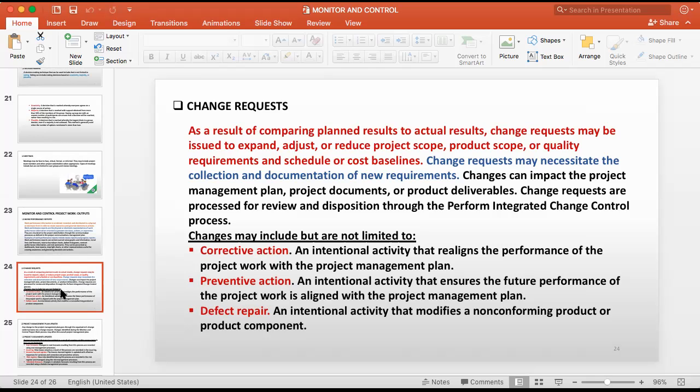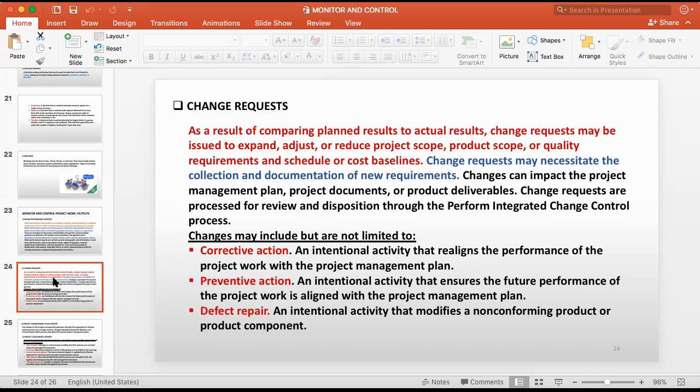Changes may include but are not limited to corrective action, preventive action, and defects repair. Either it can be a corrective action, an intentional activity that realigns the performance of the project work with the project management plan, preventive action, an intentional activity that ensures the future performance of the project work is aligned with the project management plan, defects repair, an intentional activity that modifies the non-conforming products.